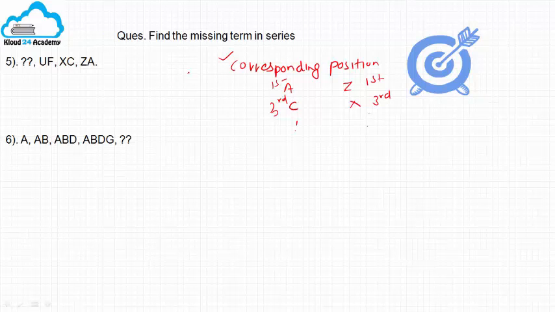Let's solve it. There's A, they have left one position. Then there is C. I'm talking about only this first. Then we'll find the corresponding position.